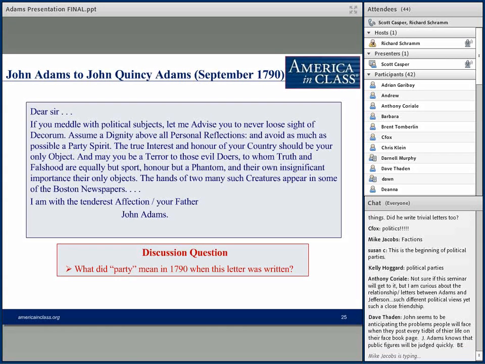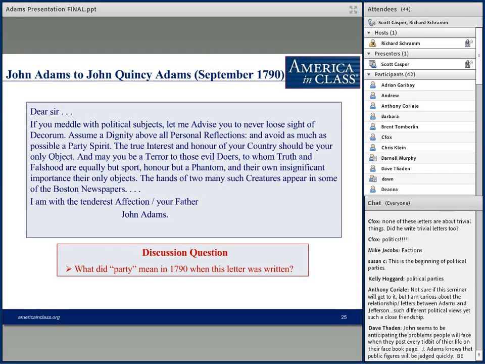And I think that Dave makes the very good point that some of this almost sounds like the world that we live in today, that public figures are judged quickly, that there are evildoers to whom truth and falsehood are equally but sport, right? That it doesn't matter whether something's true or false, they just like having the debate. And that's what John Adams is warning about, what the newspapers bandy about, and so on.